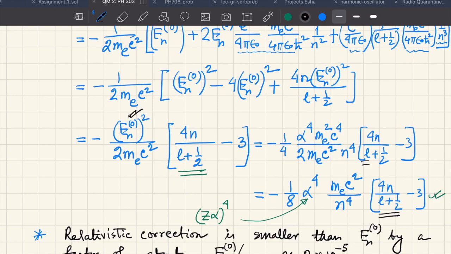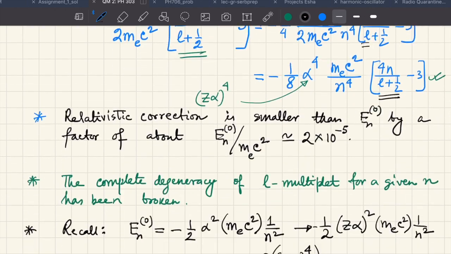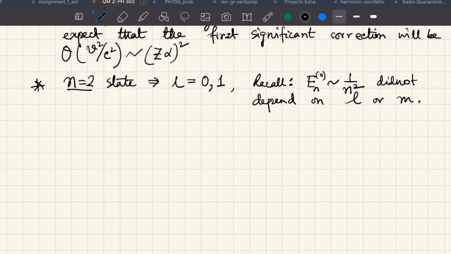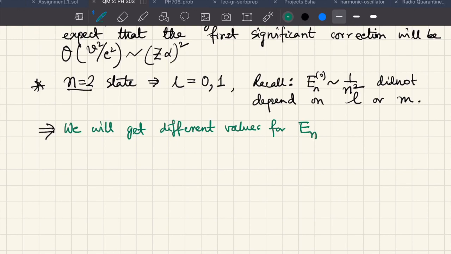So for n equal to 2, we will get different values of E for L equal to 0 and L equal to 1.